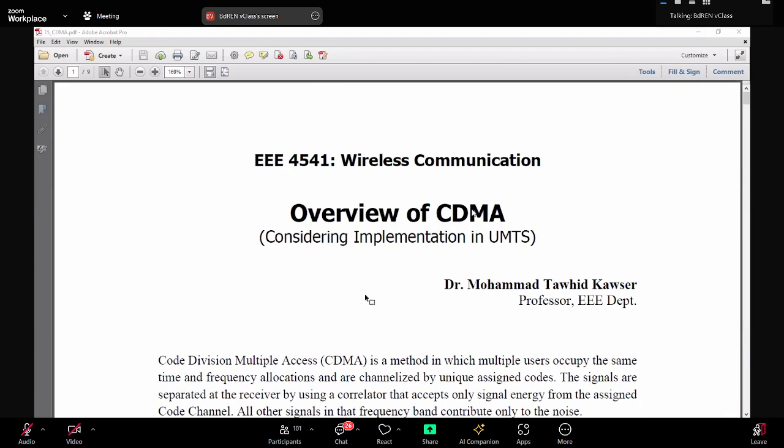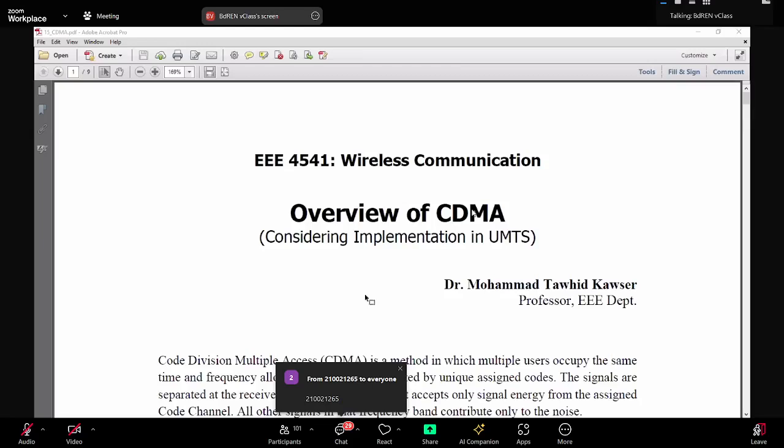CDMA was a big blow in the beginning of this century. We discussed 2G, which uses a combination of FDMA and TDMA. This frequency division multiplexing and time division multiplexing was considered the only way to share resources among multiple people.